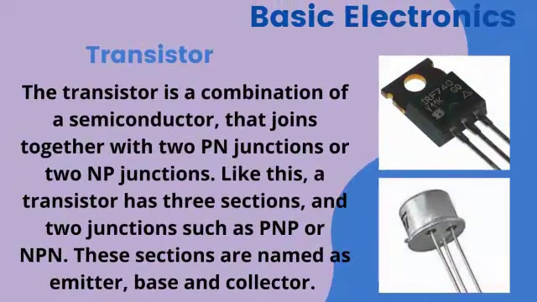Transistor. The transistor is a combination of semiconductors that joins together with two PN junctions or two NP junctions. Like this, a transistor has three sections and two junctions such as PNP or NPN. These sections are named as emitter, base and collector.